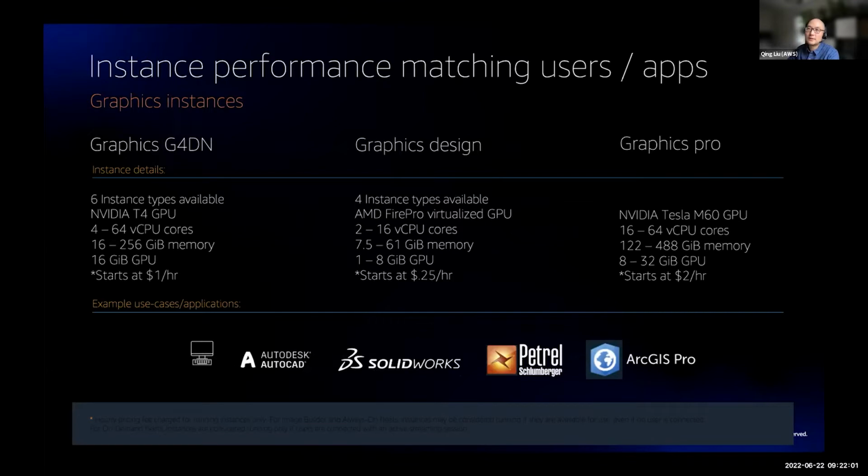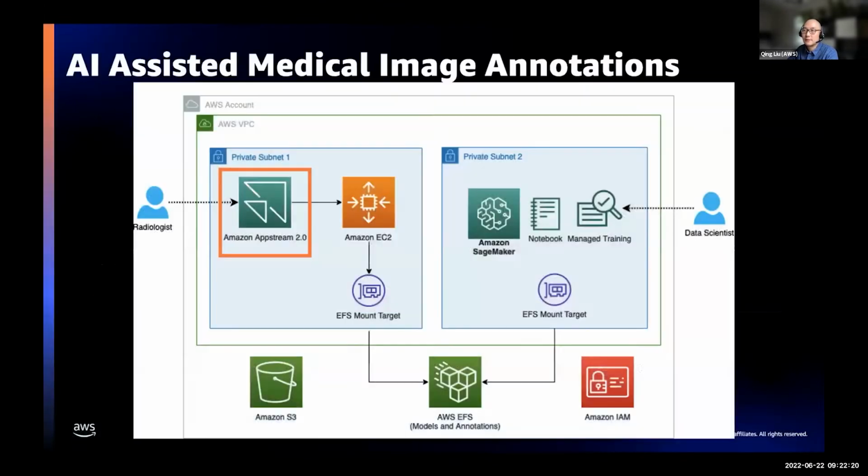So for this workshop, we have chosen to use the graphics G4dn instance type. This instance comes with an Nvidia T4 GPU with 16 GB of GPU memory. So that's the instance we're going to use to run 3D Slicer in this workshop.